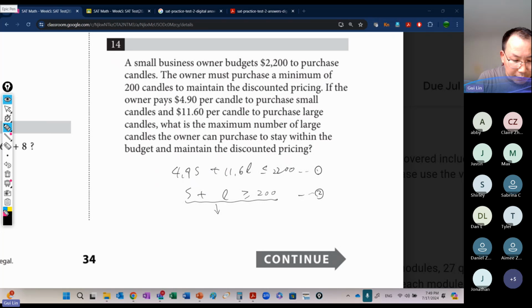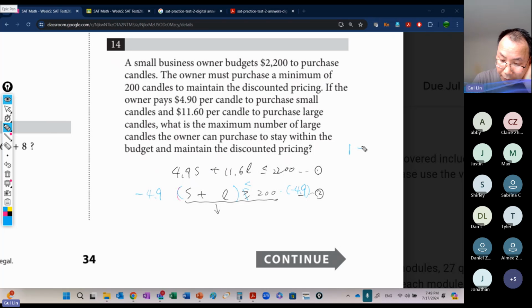So what I'm doing here is, all right, I multiply both sides by negative 4.9, right? So here it became less than. So you know what kind of inequality rule this is.